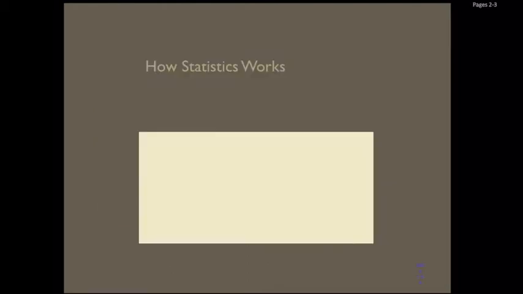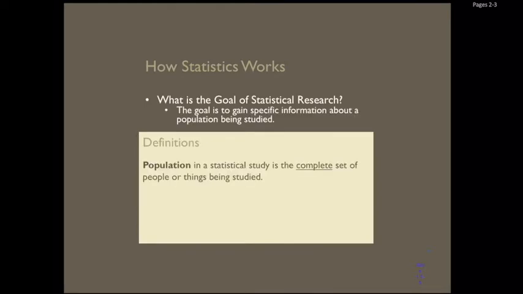So the way statistics works is this. Our goal of statistical research is to gain information about a population being studied, right? When it comes to the census, the population being studied is everybody in the United States, right? And we could call that a population, okay?